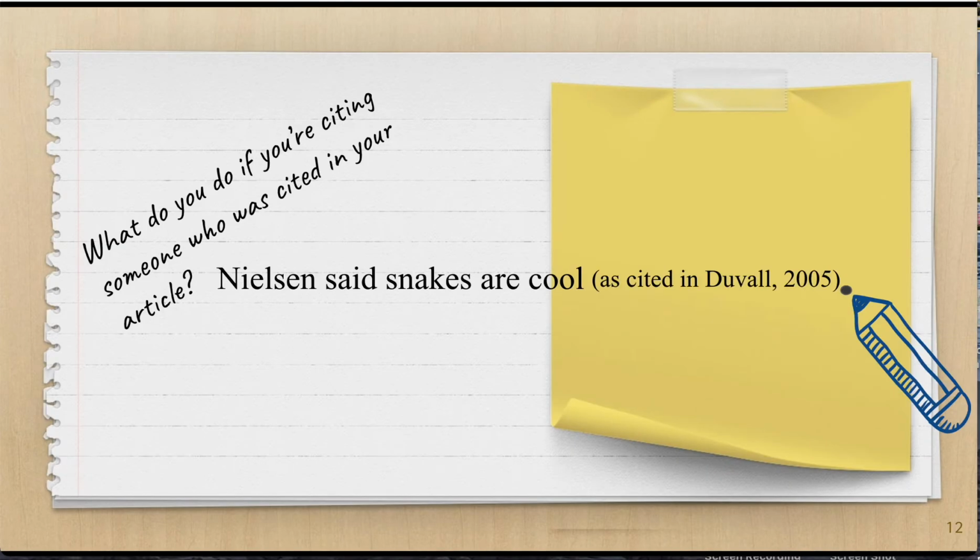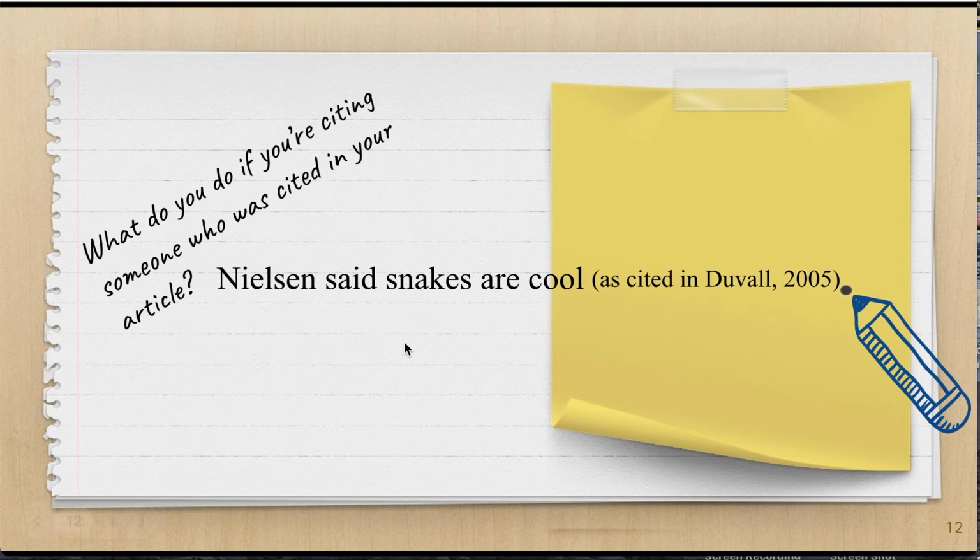Okay. What if you're citing someone that your article cited? So this would be like if I was reading an article that Natalie Duval, who's a fabulous person, by the way, wrote. Okay, but in Natalie Duval's article, she said Kurt Nielsen went on to talk about the slithering serpents and how fabulous they were. Okay, so it was Kurt Nielsen who said what I paraphrased here.